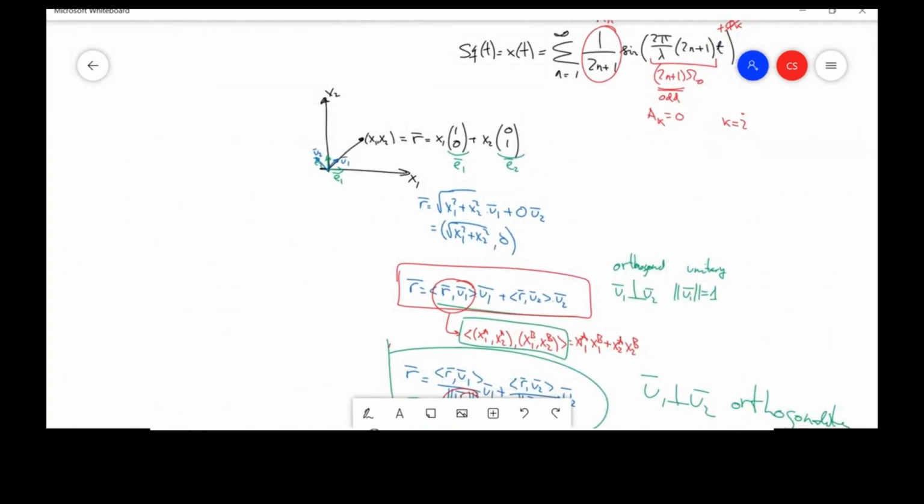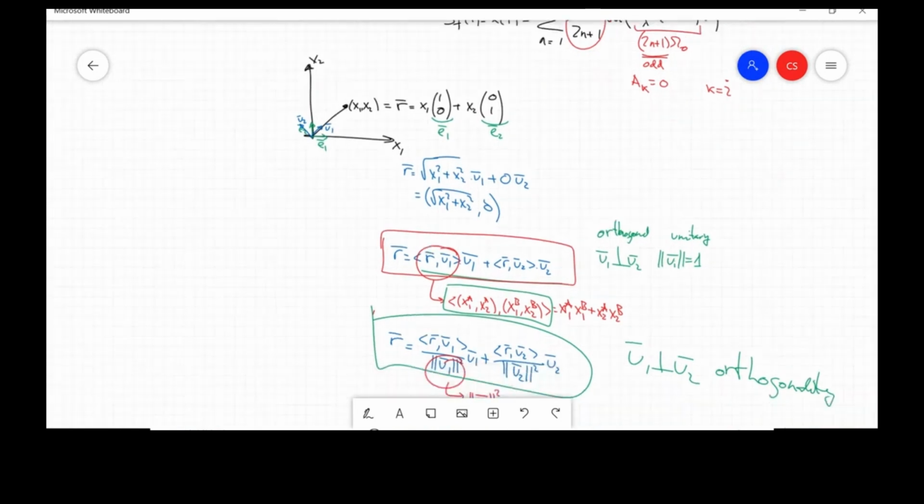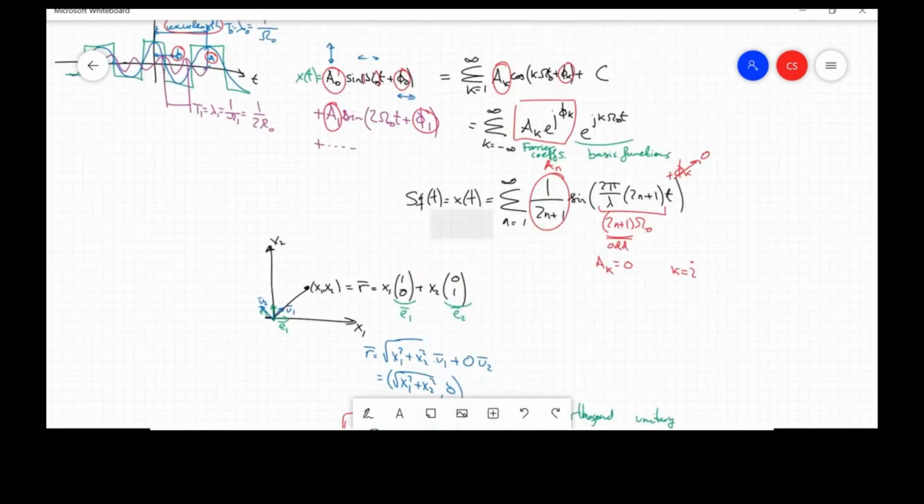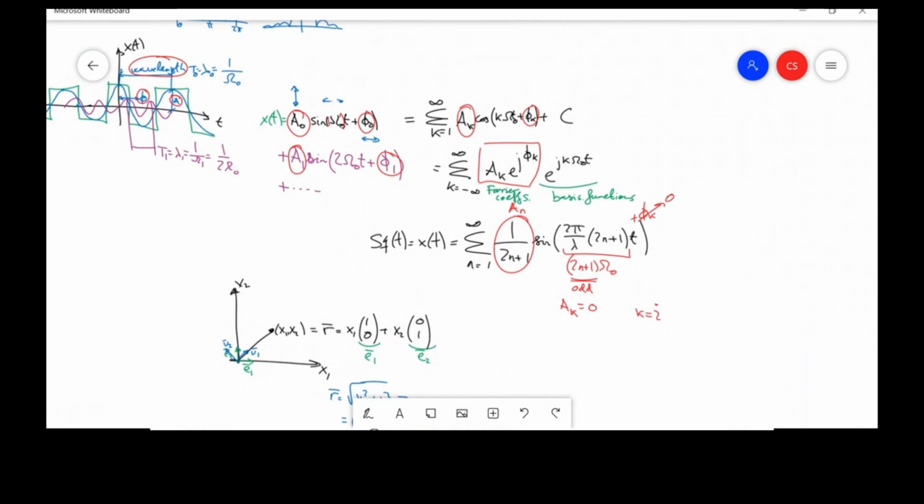You see, it is the sum of some number times a vector, a number times a vector, and I have to add many of them. So this is a change of basis only.